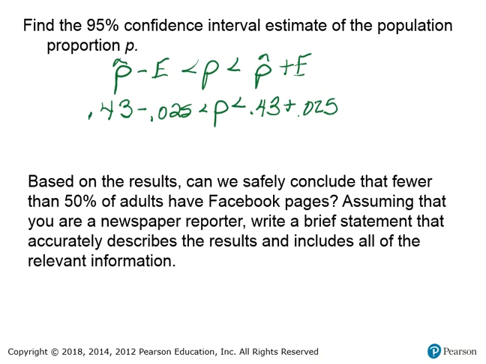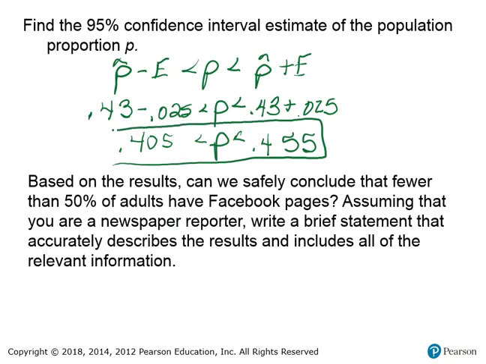So 0.43 minus 0.025 is approximately 0.405, and 0.43 plus 0.025 is approximately 0.455. So this is our confidence interval.